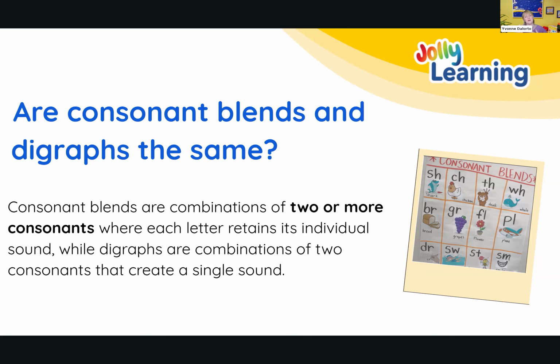So be mindful of the language you use, and of introducing a concept that the children are not ready for yet. They will be later on, but as we saw in that little video, we need to make sure that children are 100% sure of those sounds before we can move on to the next concept.